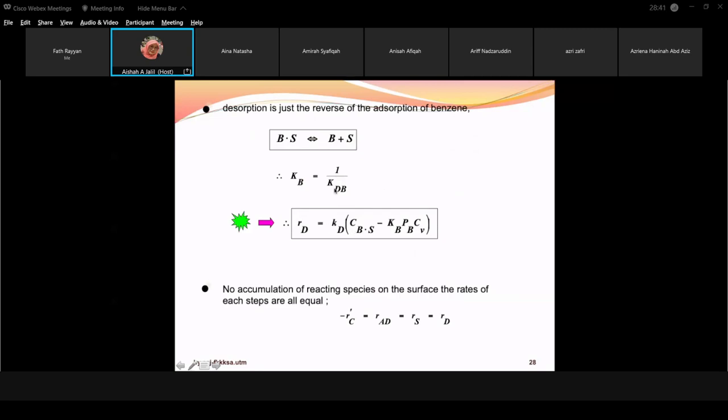Then you can write RD equals KD times CB·S minus, this is actually KB, CB. So there is no accumulation of reacting species on the surface. The rates of each step are all equal.